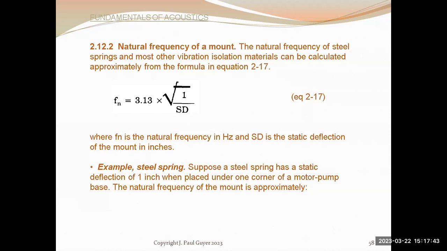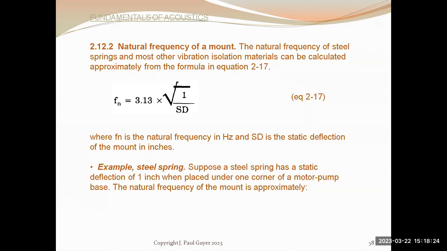And if the fan is causing the springs to bounce up and down at close to the f sub n value calculated by equation 217, then there will be resonance induced in the fan spring system, and that could lead to some kind of a failure of the system.